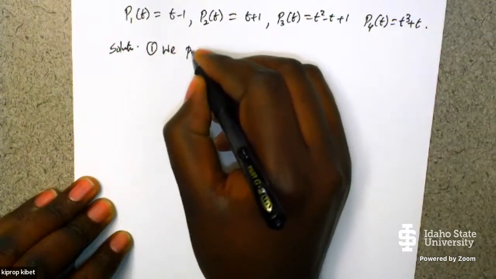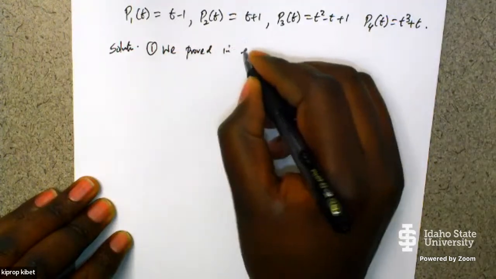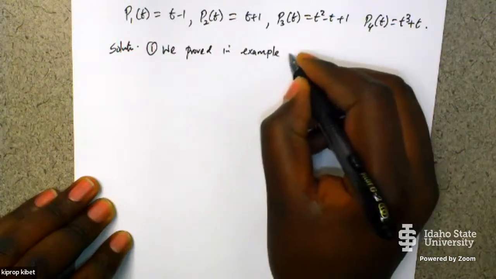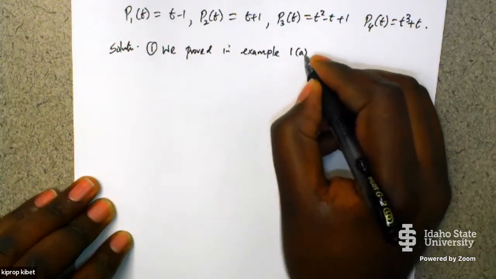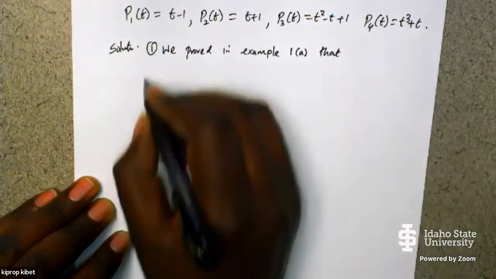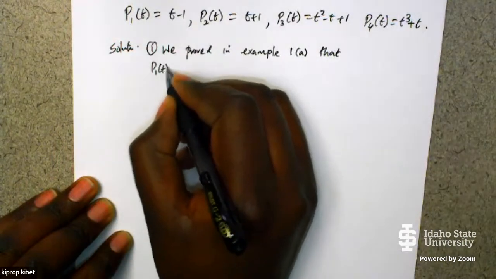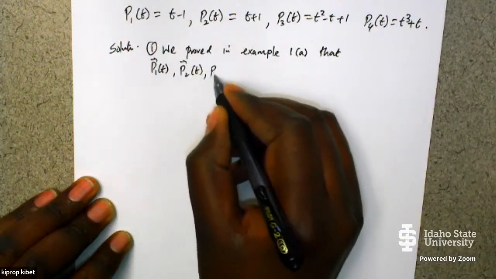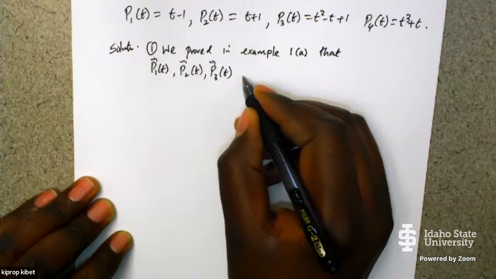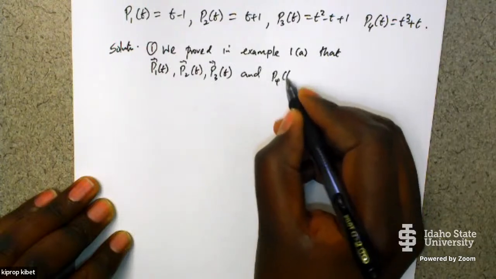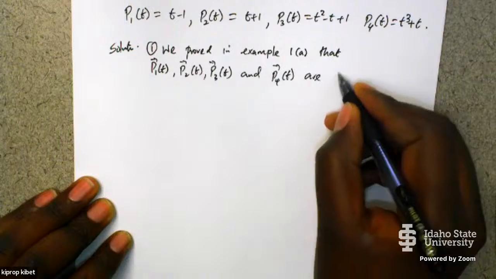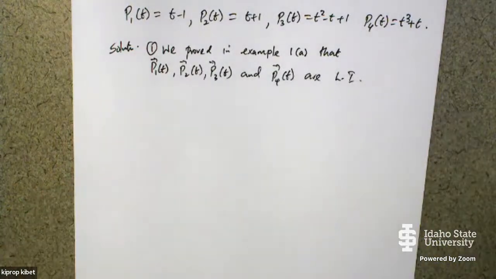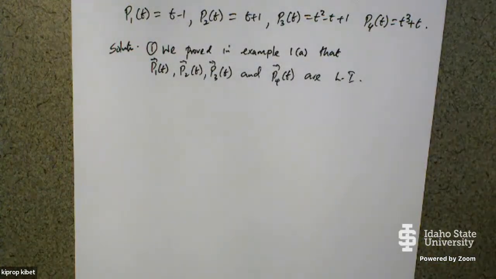We proved in example 1A that P1 of T, P2 of T, P3 of T, and P4 of T are linearly independent. So that is the first thing.